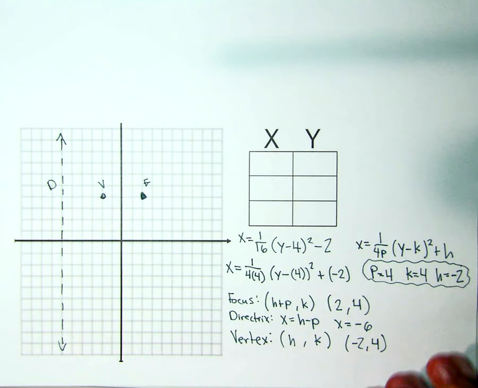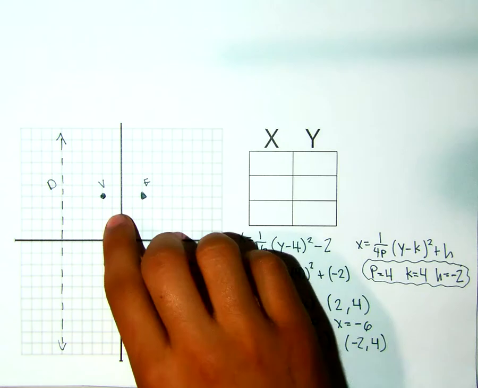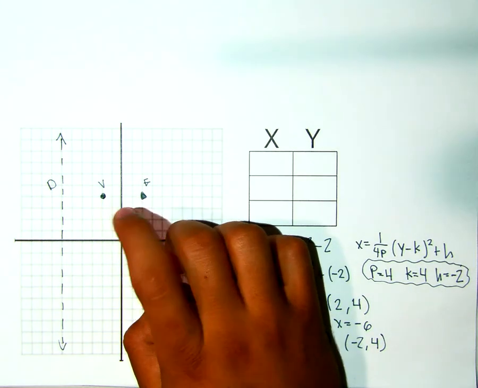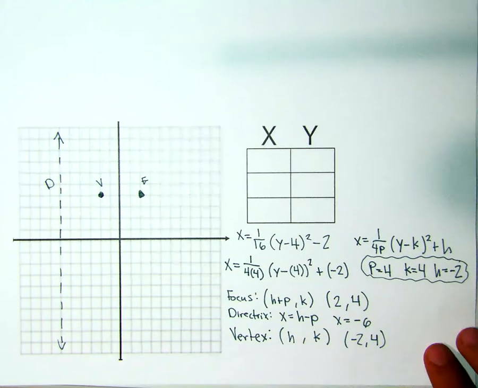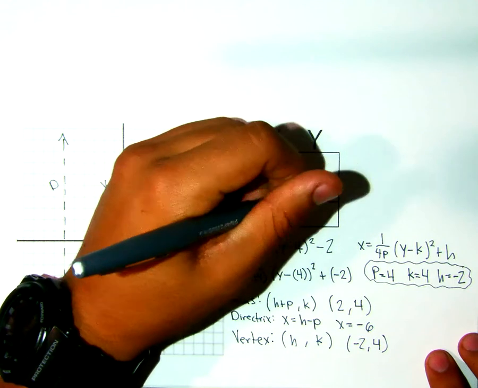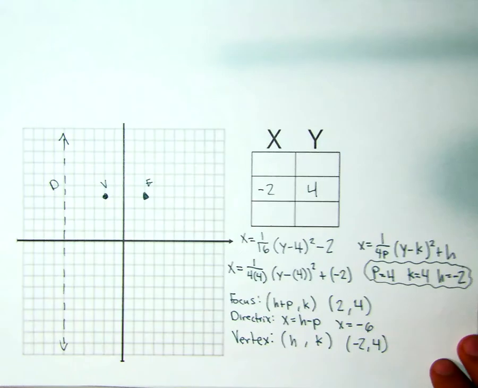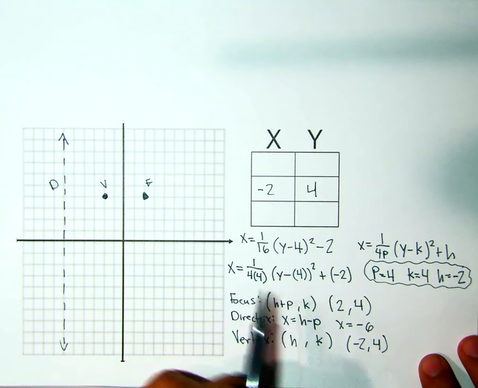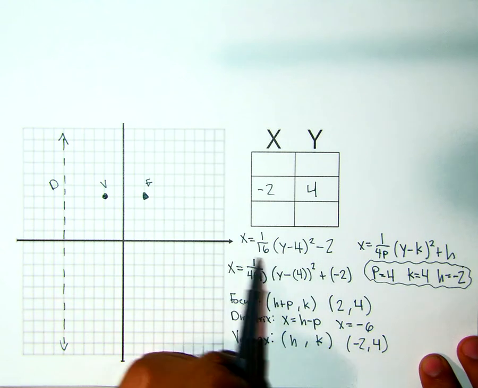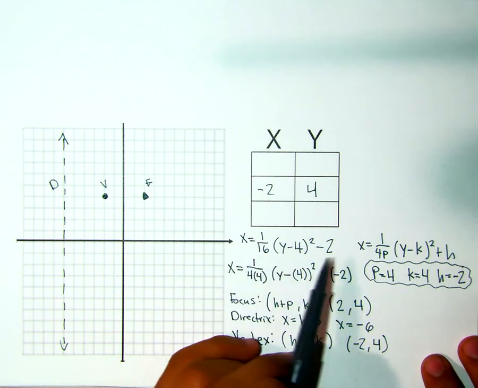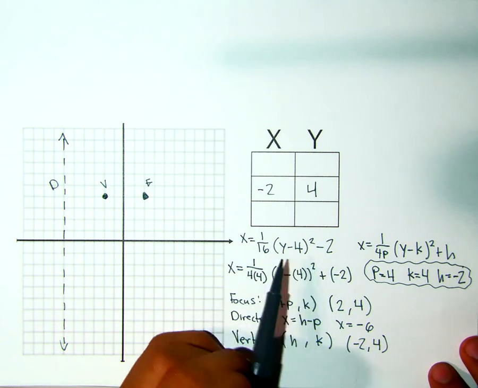So now we have to find 2 more points. We have the vertex, which we said was negative 2 and 4. Using this equation here, we want to plug in y's now.